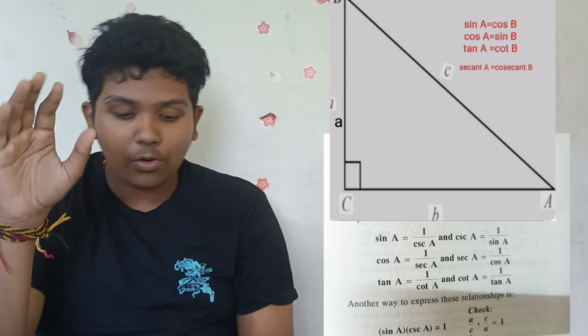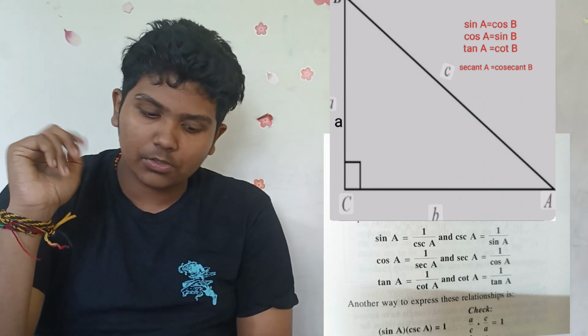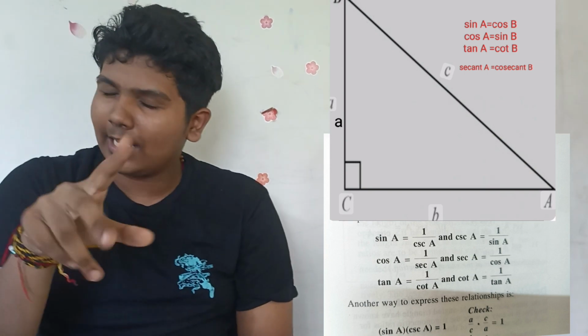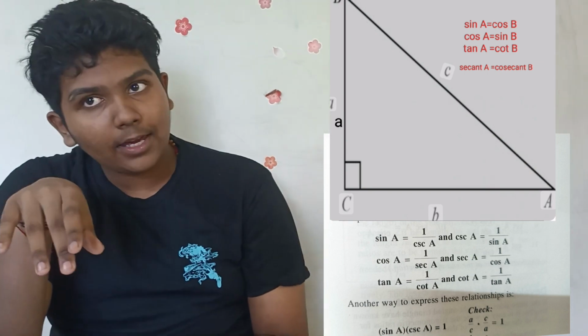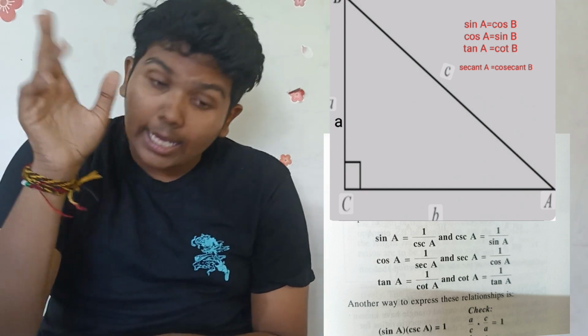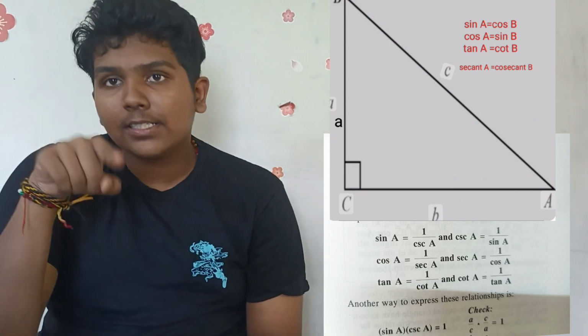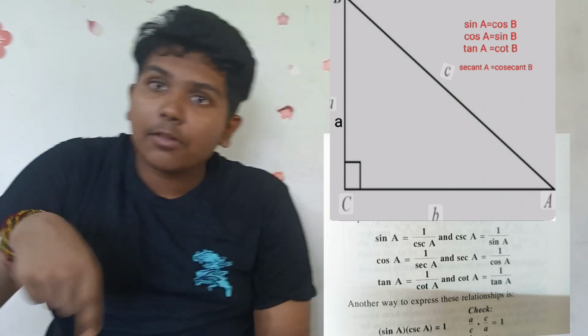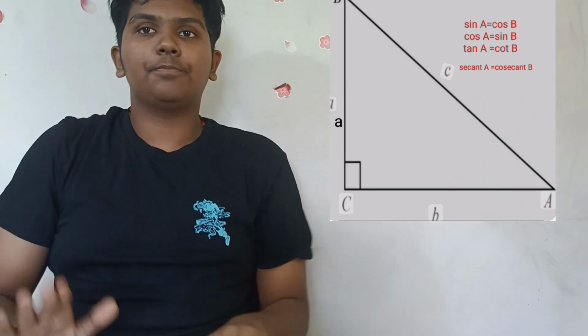So cosec is 1 by sin. So it is, sorry, not B by A, C by A. So 1 by C by A is equal to A by C. This can go up, right? Because 1 by C by A, this C by A will go up, 1 into A by C. Hence they are equal.